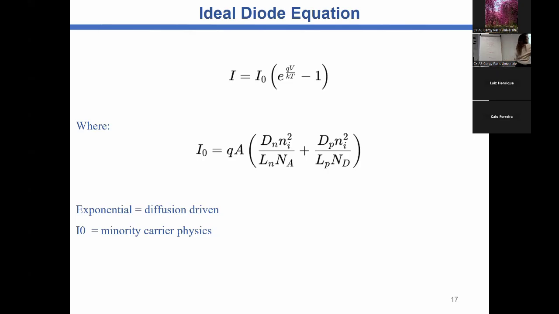So this is the length of the charge inside the material, that the charge could be moved inside the material without any kind of recombination. And the number of doping, of the acceptor and donor, in the P type that we are seeing here. And the drift, the diffusion length.